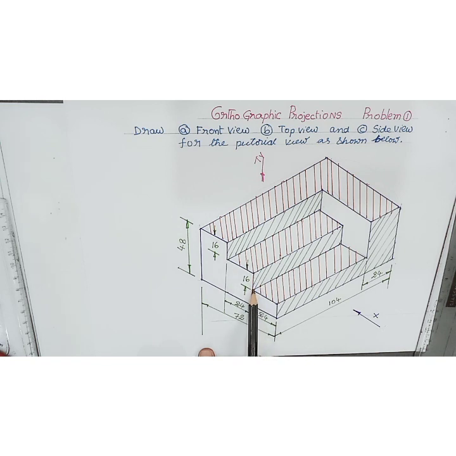This height also is perpendicular to the observer. If that is the case, the height dimension looks like a point in top view. That is, this total height looks like a point.